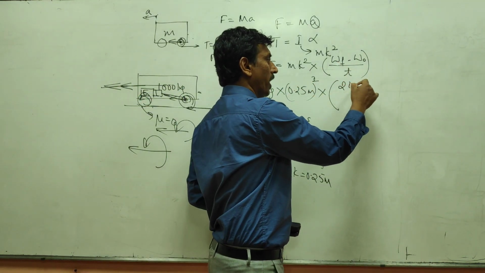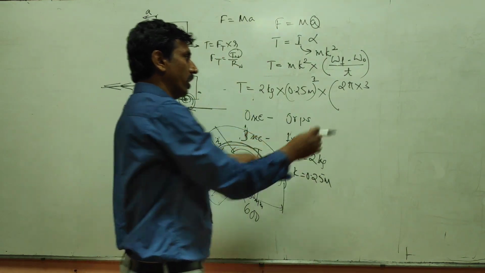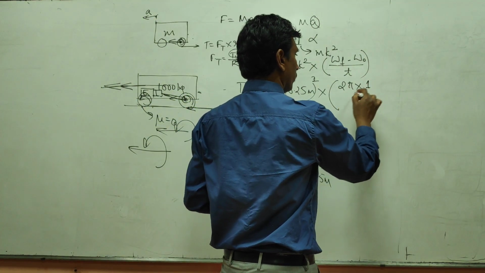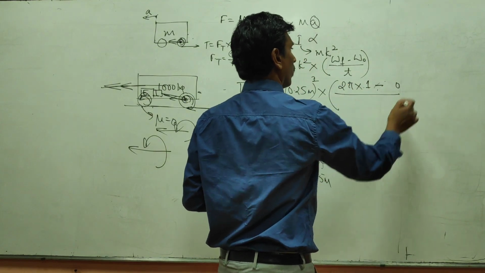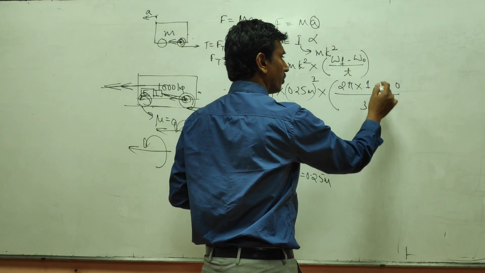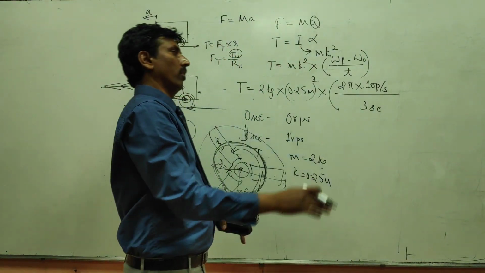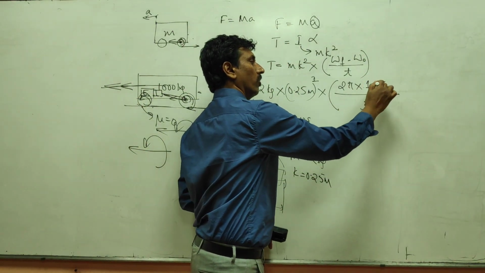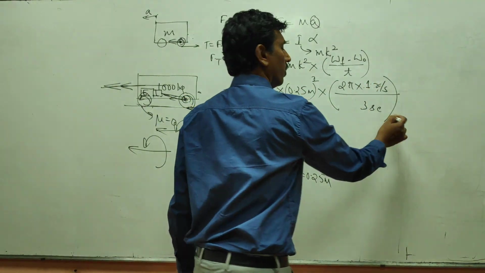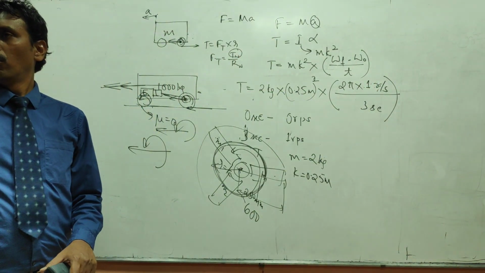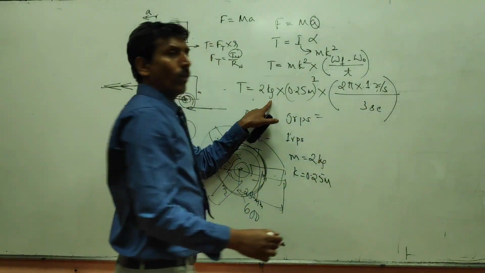So omega final is 2 pi n, which is 1 rps, after 3 seconds. Initial is 0, divided by 3 seconds. One round per second.